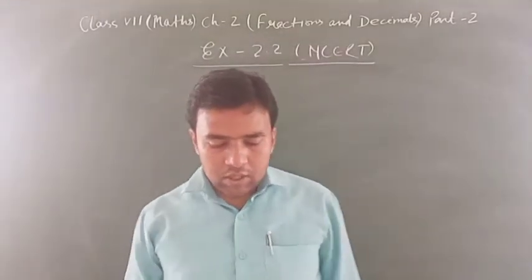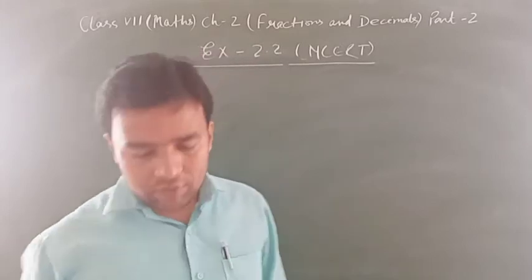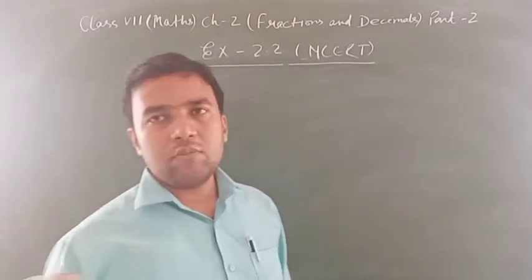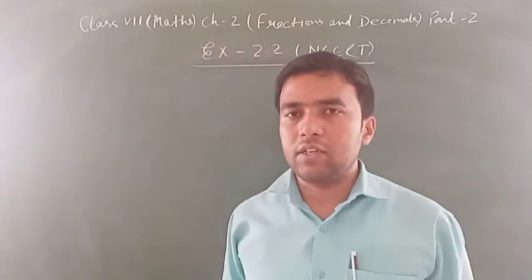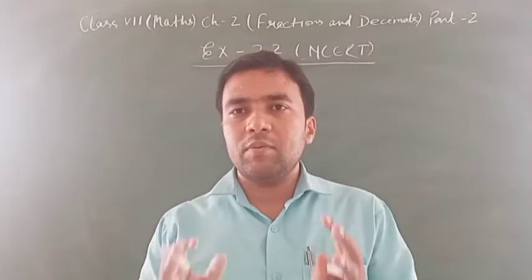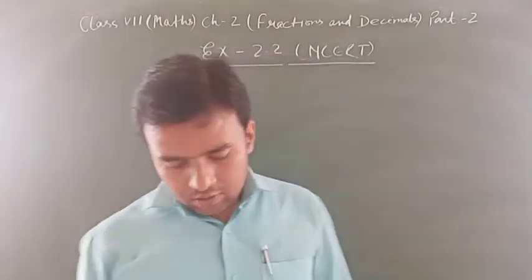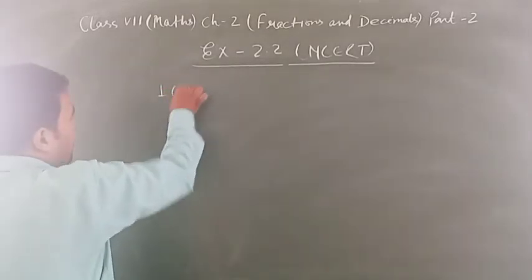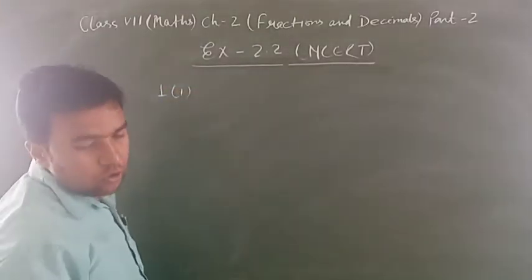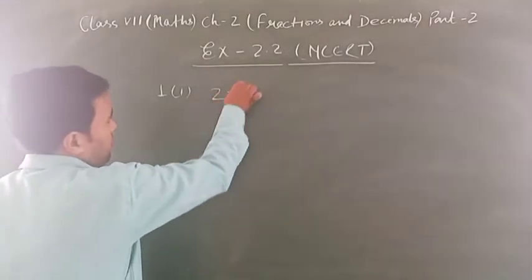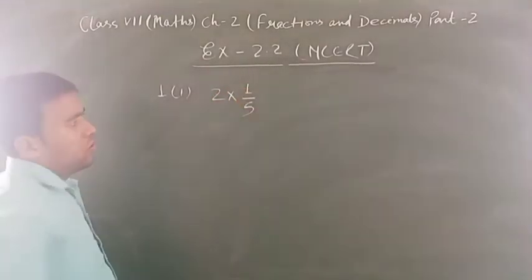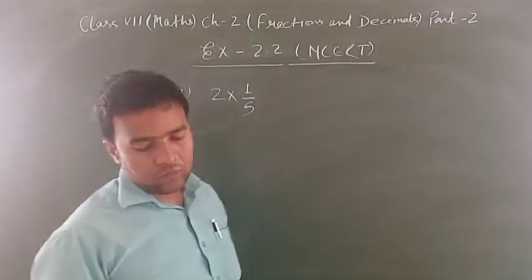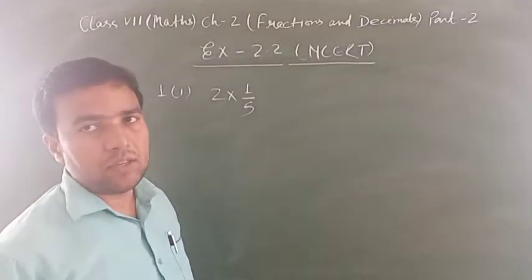Which of the drawings A to D show? In the first question, the figure and the question are both clear, but it is given like match the following. In this question, the first part is 2 into 1 by 5. There are so many figures given.